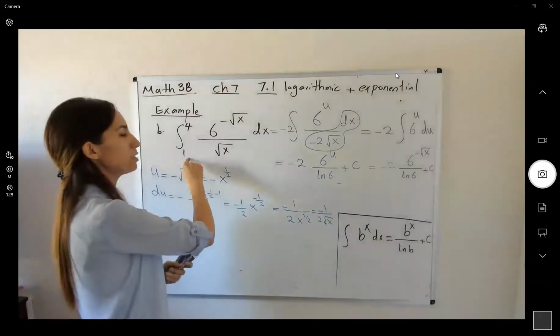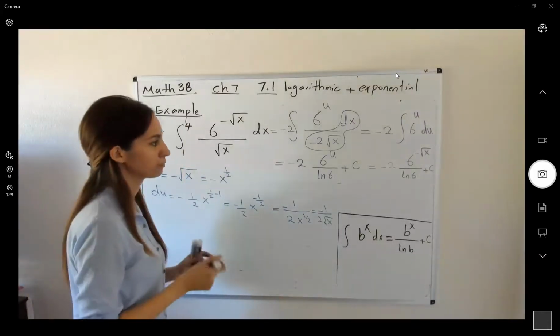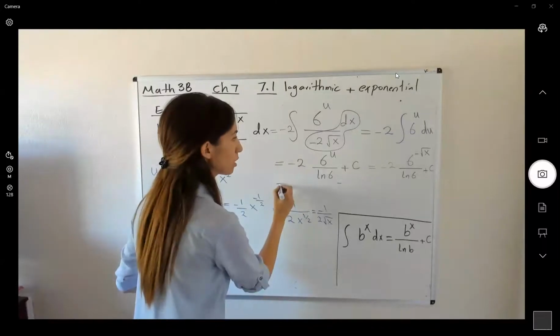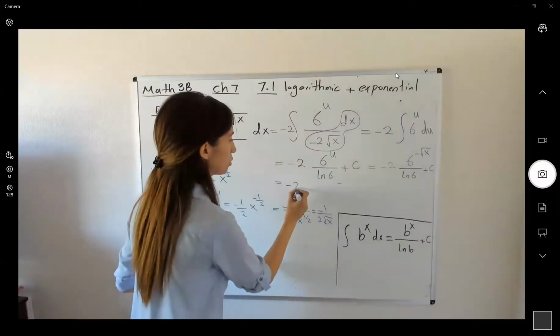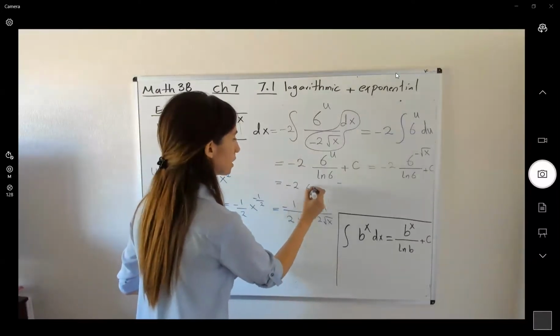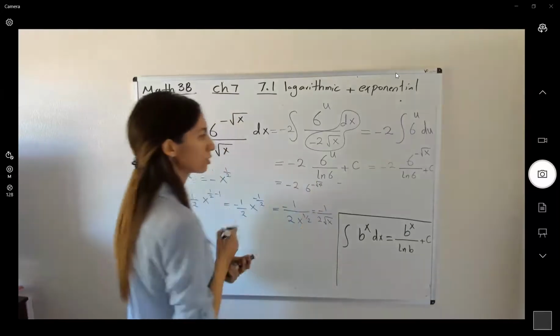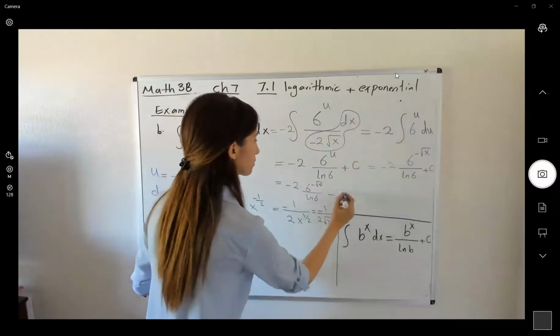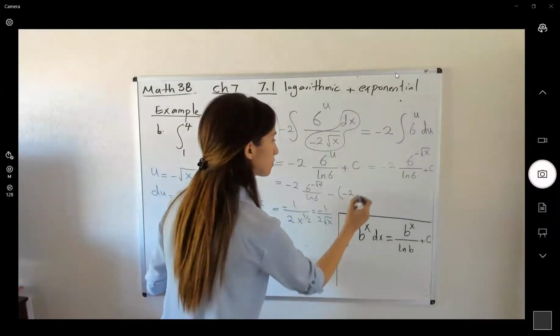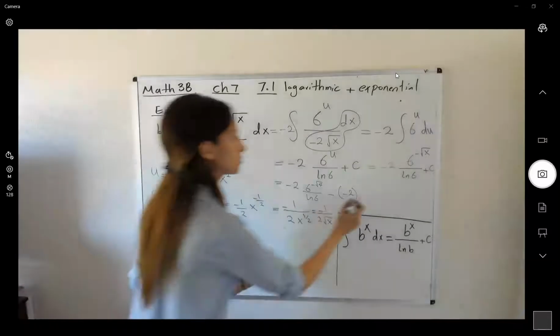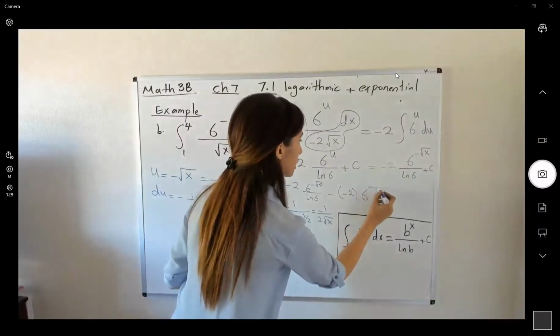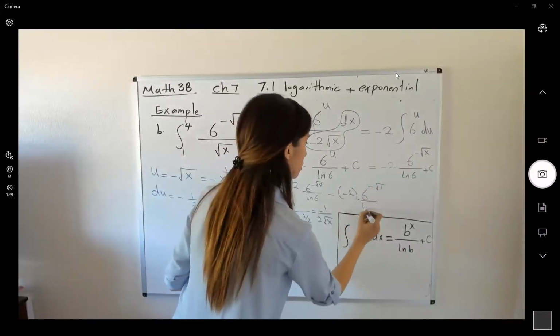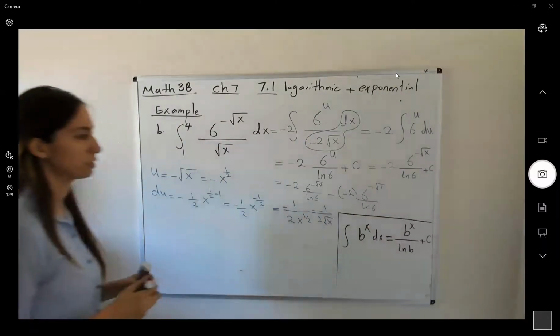X ranges between 1 to 4. So let us plug in: negative 2 times 6 raised to negative square root of 4, divided by ln of 6, minus negative 2 times 6 raised to negative square root of 1, divided by ln of 6.